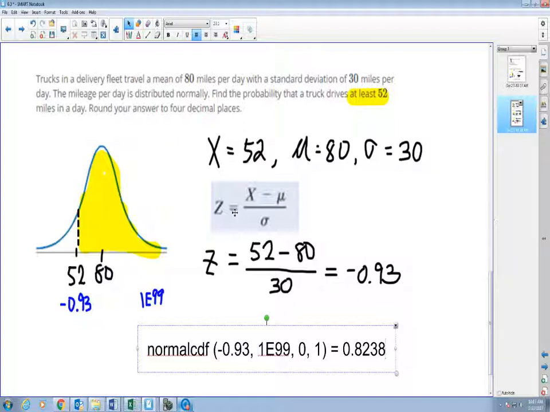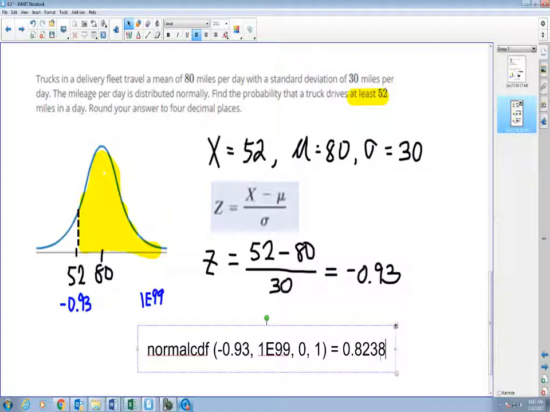Now, the next lecture video, 6.4, we're actually going to be talking about everything we did in this video backwards. That means rather than find the area under the curve, rather than find the probability, we actually need to go back and find something else inside this formula.